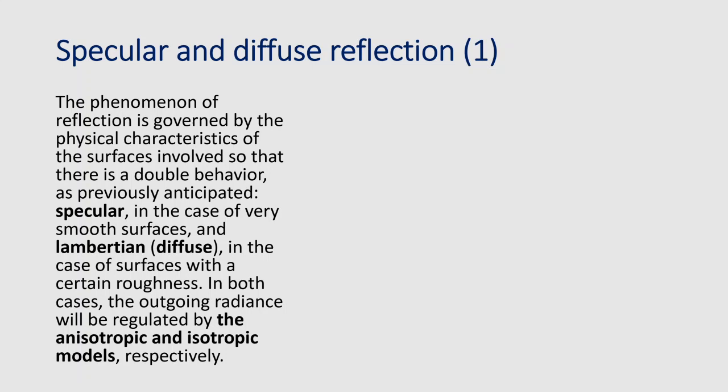So when we are talking about reflection, the phenomenon of reflection is governed by the physical characteristics of the surface involved, so there is a double behavior, as previously anticipated. You remember, now we are trying to analyze the surface from a very geometrical point of view.